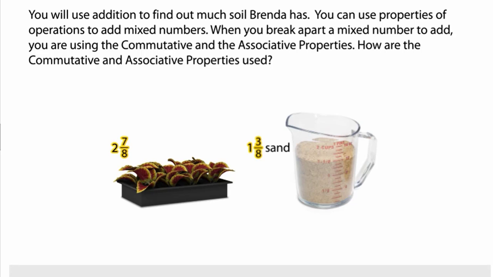Okay, before we continue, let's see. We have two mixed numbers. We need to add them. So, do you remember, my heroes, what we did before? We said that we can add the fractions together and the whole numbers together. Now, to do this, we should use addition properties, commutative and associative properties.